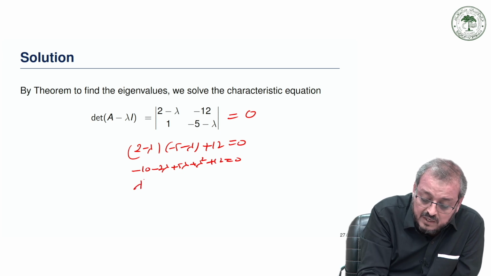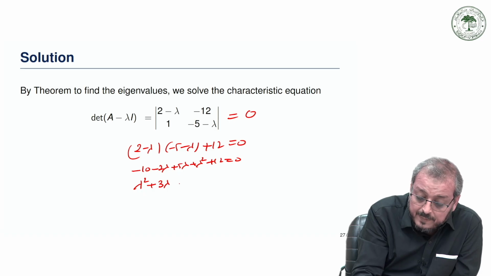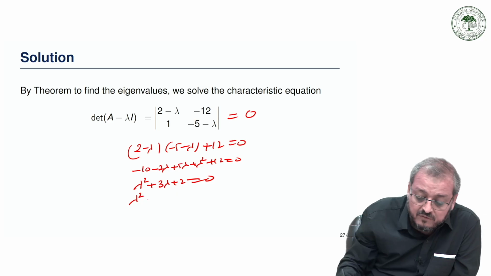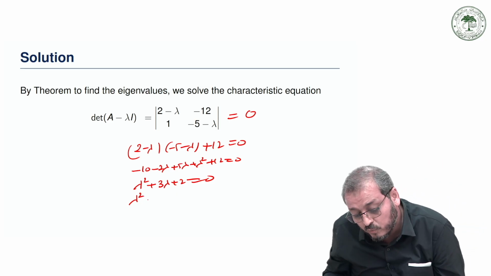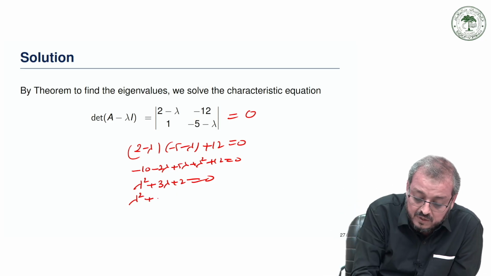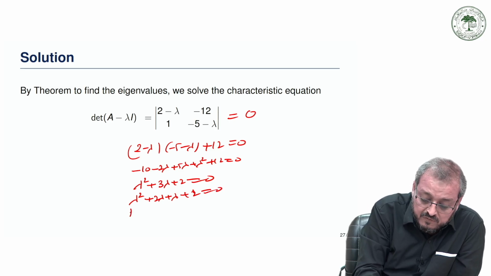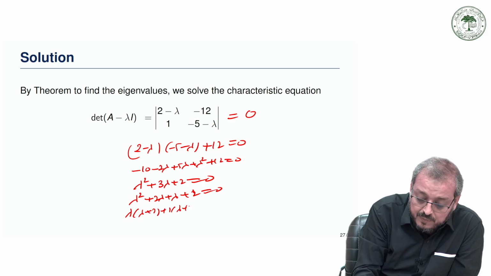Then lambda square plus 3 lambda plus 2 is equal to 0. We split the middle term: lambda square plus 2 lambda plus lambda plus 2 is equal to 0. Then we have lambda times (lambda plus 2) plus 1 times (lambda plus 2).